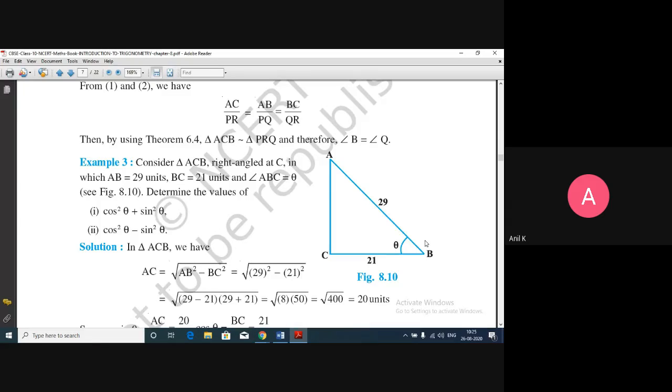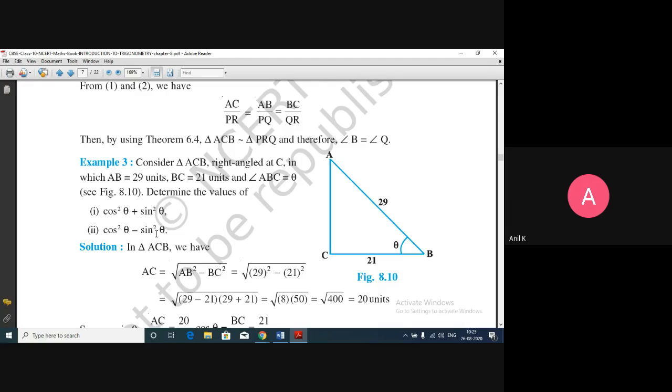Right angle at C, so 90 degrees is at C, in which AB is 29, BC is 21, and angle ABC equals theta. That means theta is here. Determine the values of sine square theta plus cos square theta, and also cos square theta minus sine square theta.